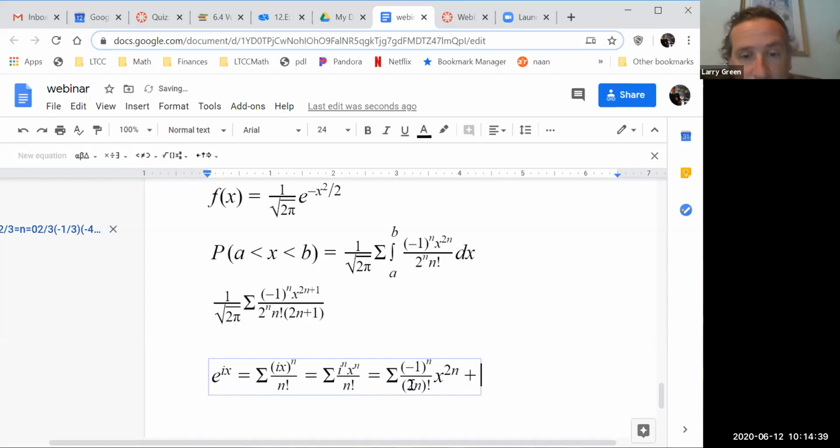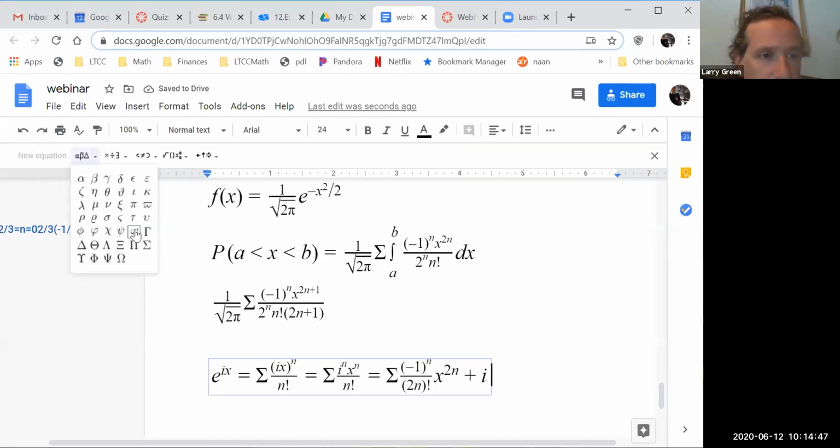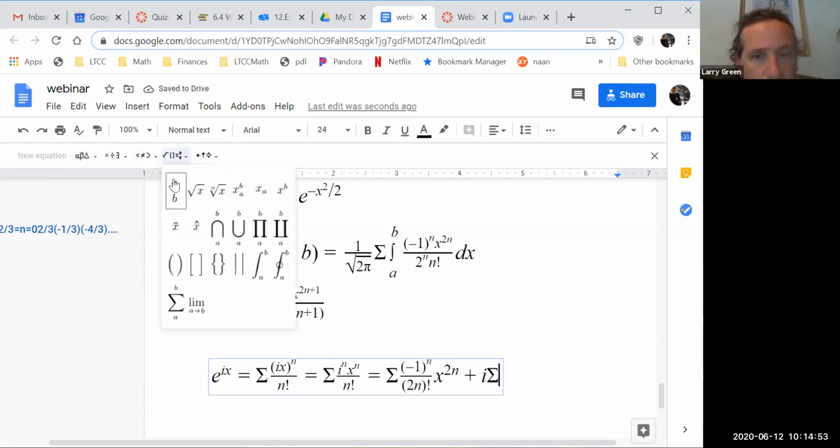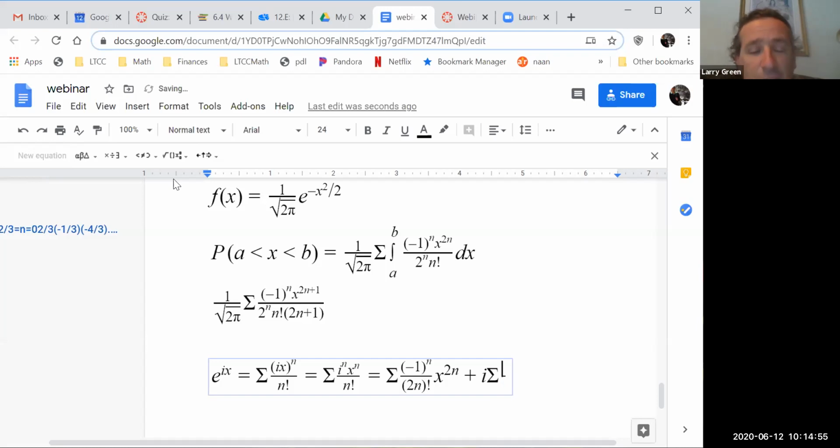Plus, now let's do the odd ones. Well, if you do the odd ones, you're always going to have an i. And I'm going to pull that i out. And then I'm going to have a summation of, and again, you pull the i out, and i to the 1 is i, i cubed is -i, i to the 5th is back to i, i to the 7th is -i.